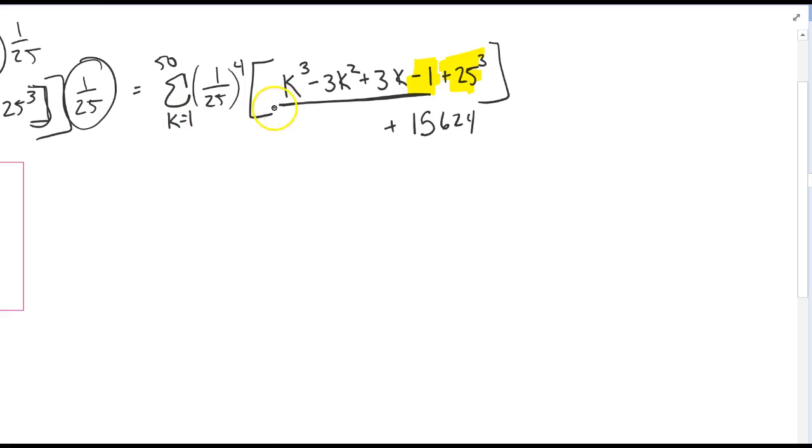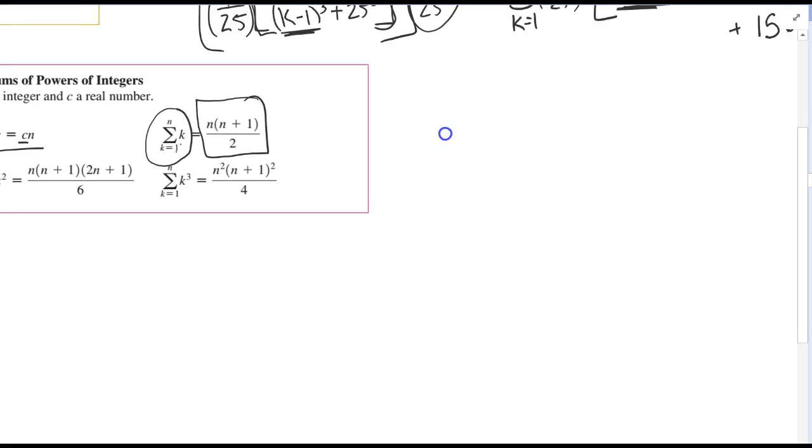So when I actually sum this, k cubed, n is 50. If I want to sum k cubed, I'm going to use this formula with n is 50.